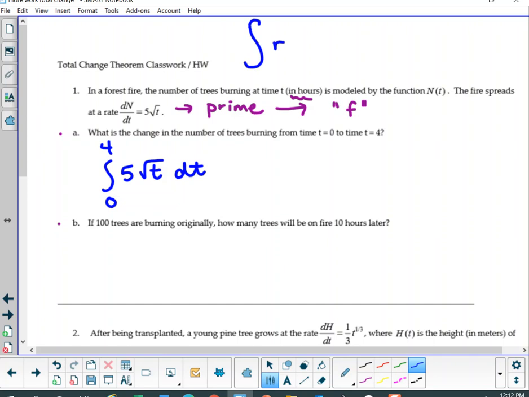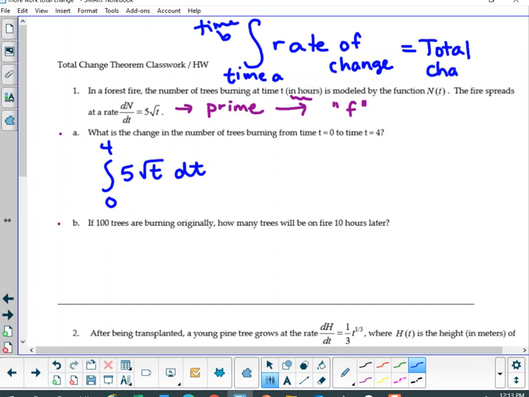Okay, so if we integrate a rate of change from time A to time B, that gives us the total change over the interval of time.